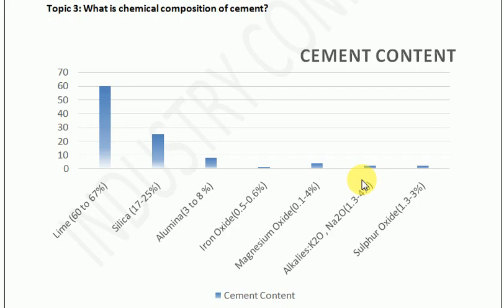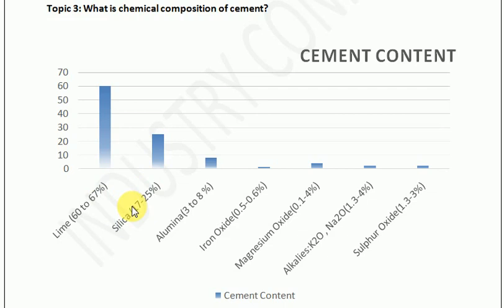Now coming to the raw material, 60 to 70% of cement is lime. So lime is the basic raw material required for the manufacturing of cement. Second is silica, 17 to 25%. This is the second largest component by volume and weight. So basically lime and silica are the two major components which form the cement.